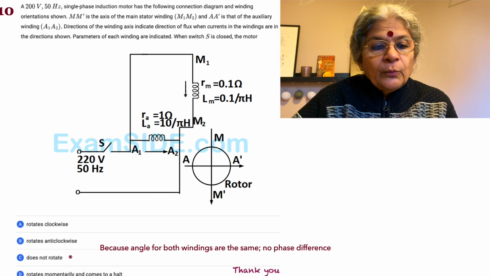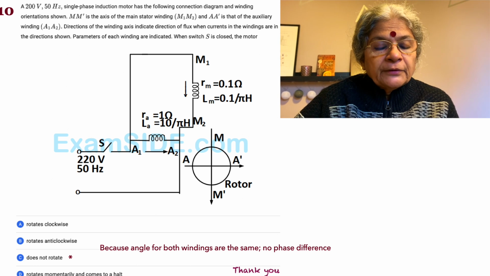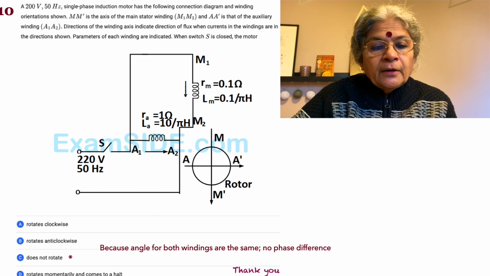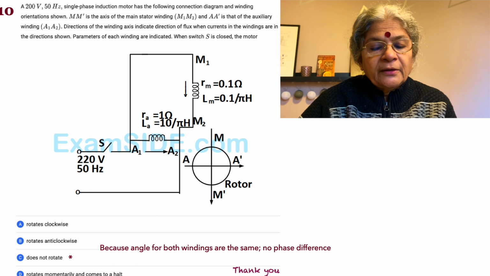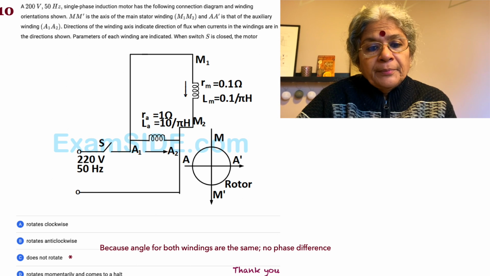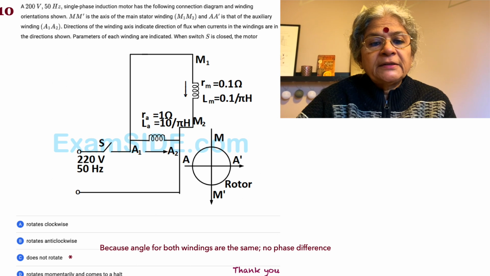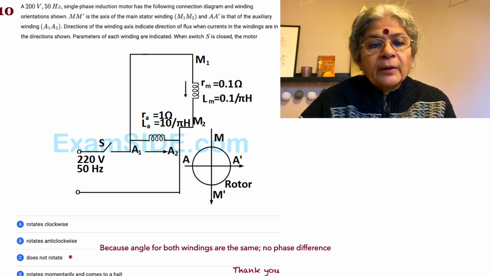The first coil is A1 A2, that is one winding, and M dash is another winding. So obviously main and auxiliary winding. M dash is the main winding with resistance and inductance as 0.1 ohm and 0.1 by pi Henry.